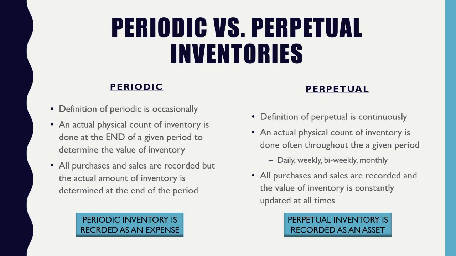So let's go ahead and talk about inventory tracking methods. What are they? There are two ways that you can keep track of your inventory, right? We have periodic and we have perpetual. Periodic is straightforward. As far as the definition, it is exactly what it says. Periodically means every once in a while or occasionally.